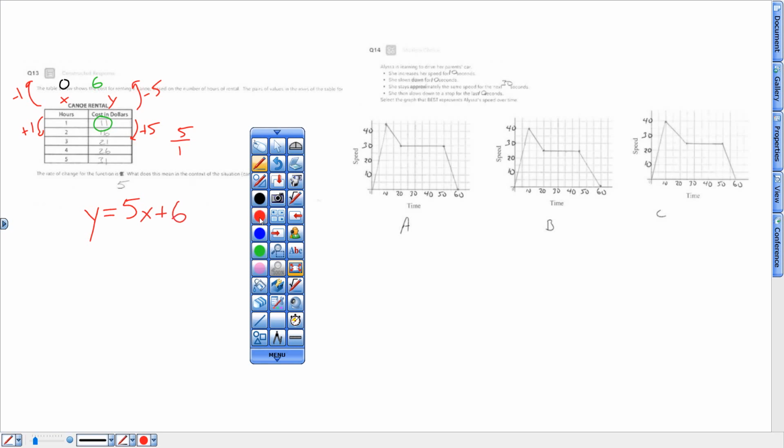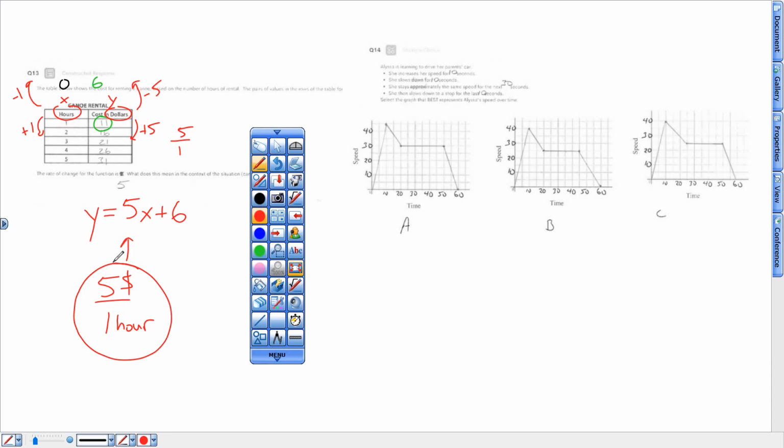This is y equals 5x plus 6. Know that the number 5 in front of x can be written as a slope, 5 over 1. But know that the y number is the dollars and the x number is hours. So every time I'm adding 5, that's really $5 an hour more. Each hour I'm adding 5.